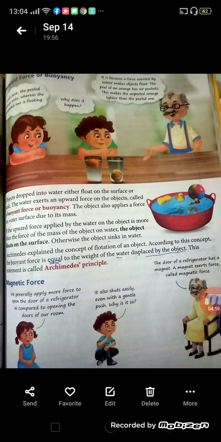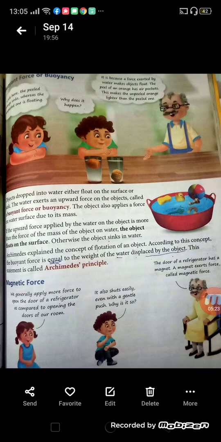This force is known as buoyant force, or buoyancy. What do you mean by buoyant force? The water exerts an upward force on the object. That upward force is known as buoyant force, or you can say buoyancy.